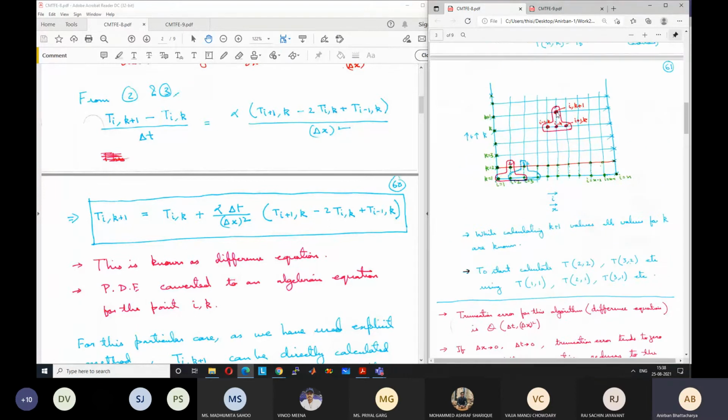For this value, we can use the temperature at these 3 points to find its value. Similarly, for the next temperature, we can use the next 3 points. Like this, we can find the values for all the internal points. External points are the boundary or initial conditions.